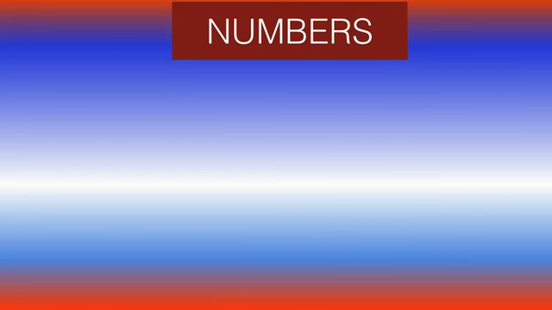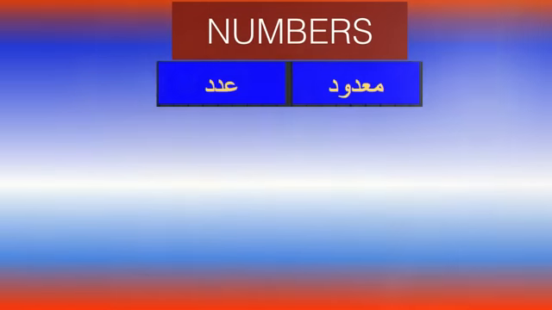So regarding numbers, I'm just going to give you a quick revision so that everybody is on board. We know there are two things that come together when we are talking about numbers: the adad, which is the number, and the object which is counted, the ma'dud. The special characteristic of Arabic numbers is that the ma'dud will keep changing depending on what number comes in front of them.